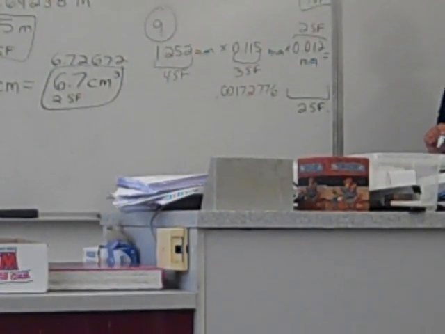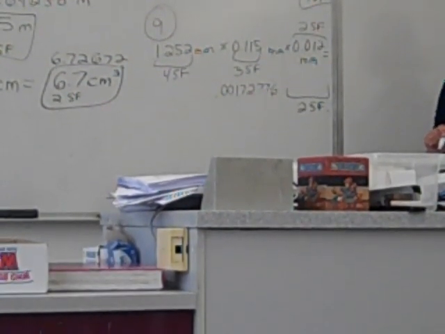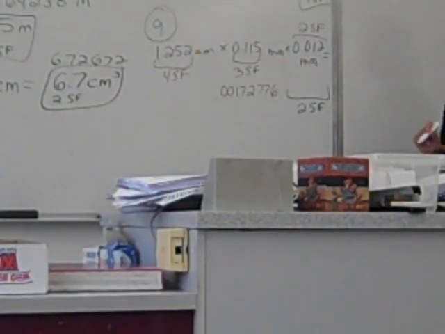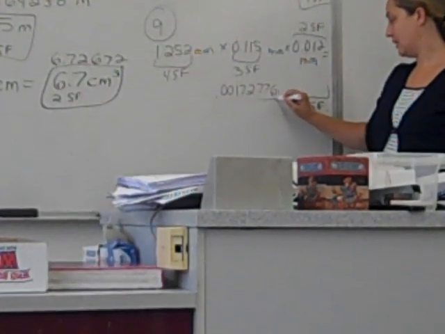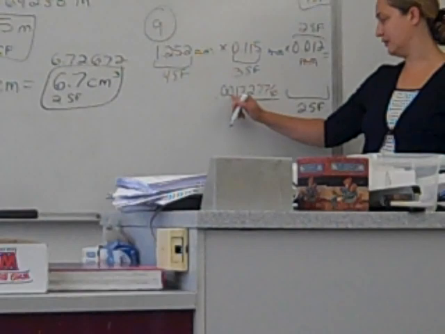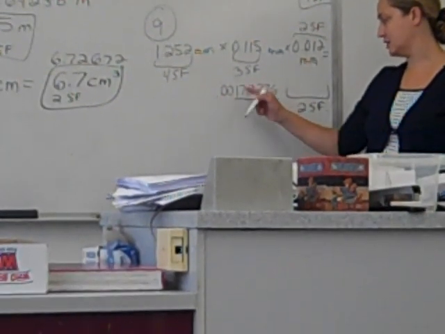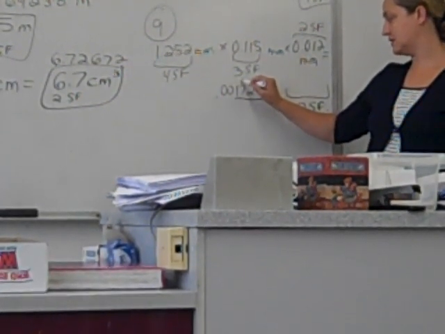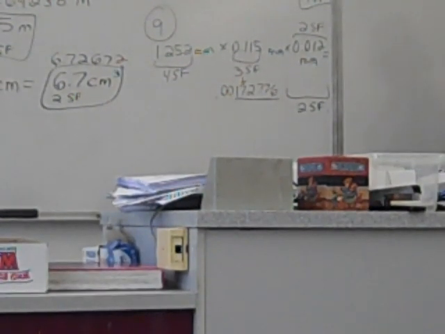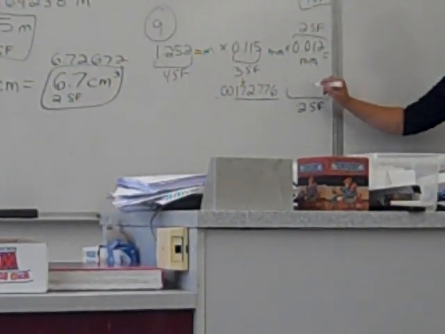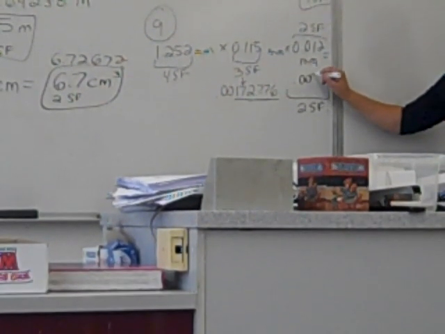Then tell me first which figures are significant and which are not. The 1 and 7 are the first two significant figures. Okay, here are our significant numbers right here. These are not significant, so we're not going to look at those. Here's our first significant figure, second significant figure. We're going to round to that place. So it'll just be 0.0017.